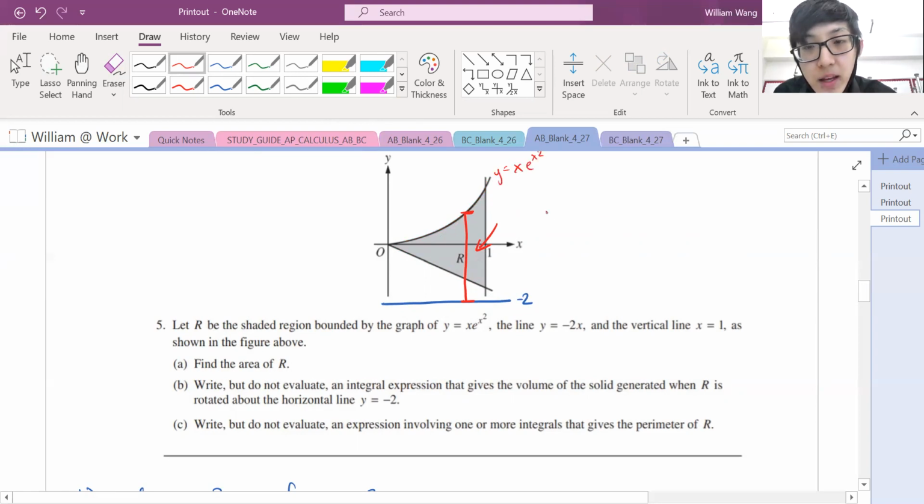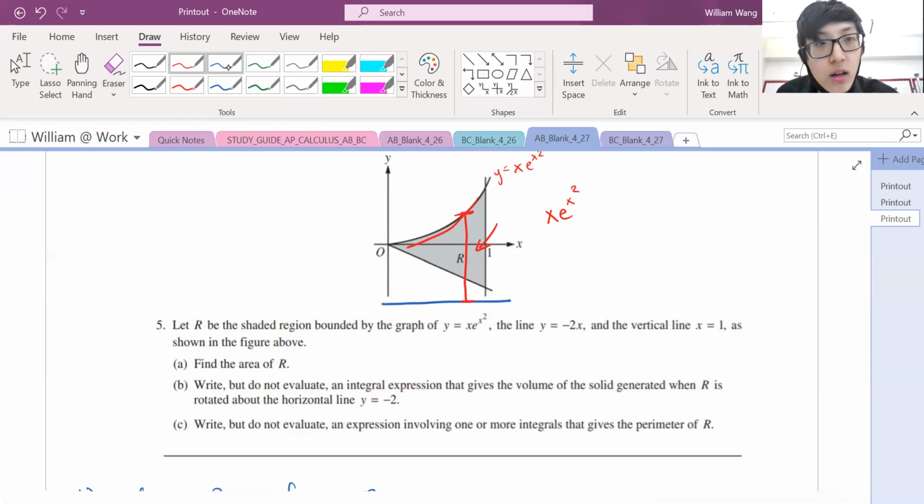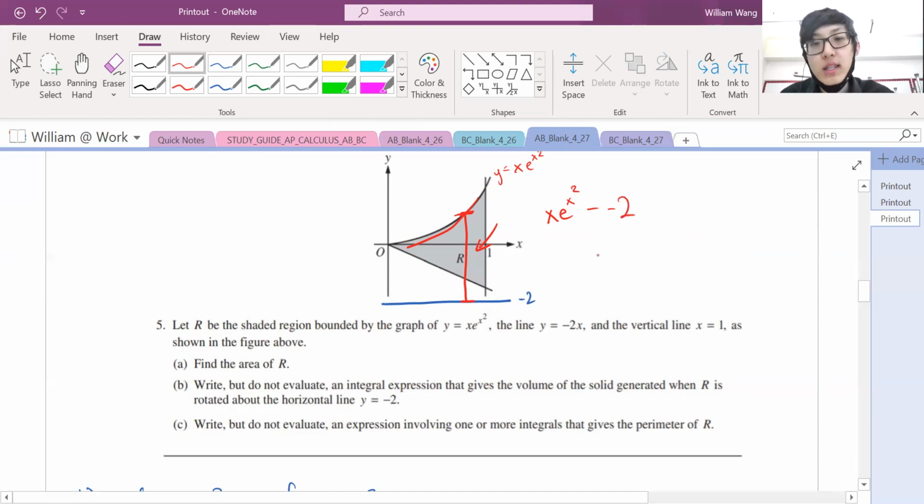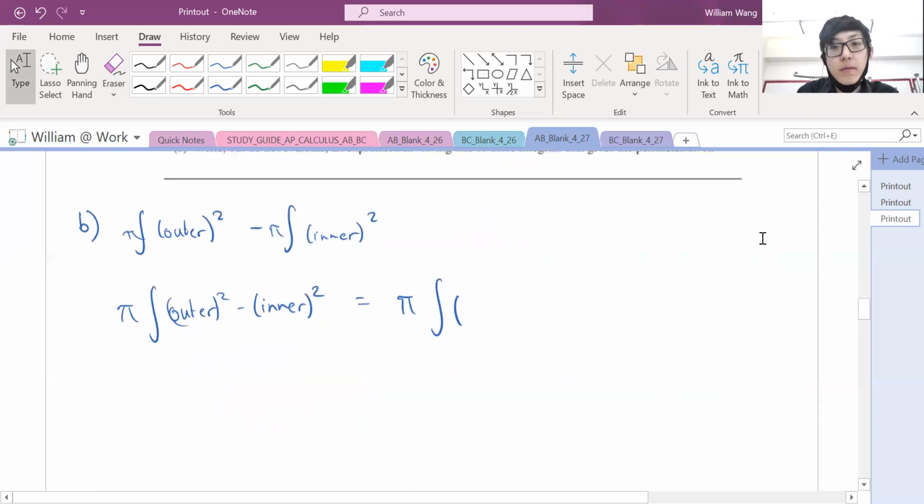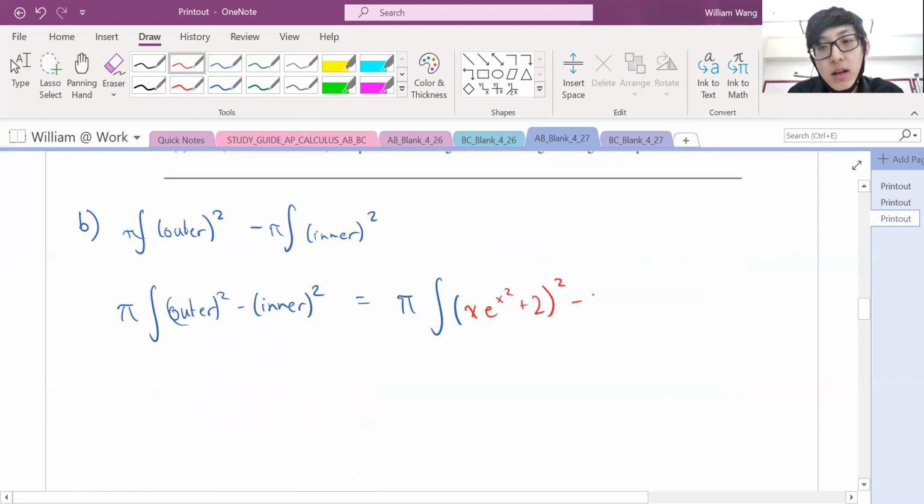So it's going to be x e to the x squared. And then what is the distance between this function and this function? Well, I'm just going to subtract the bottom function. So I'm going to subtract -2. So this tells me my outer radius has an equation of x e to the x squared plus 2. So it's going to be x e to the x squared plus 2, squared.